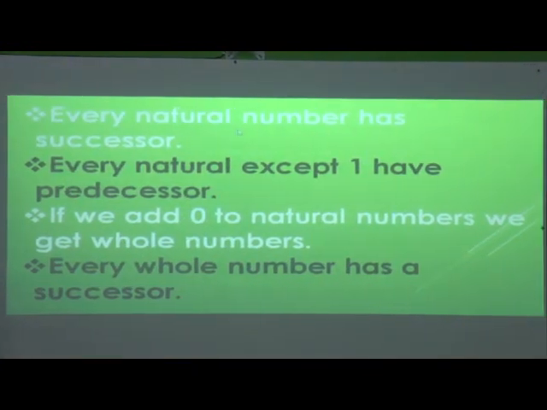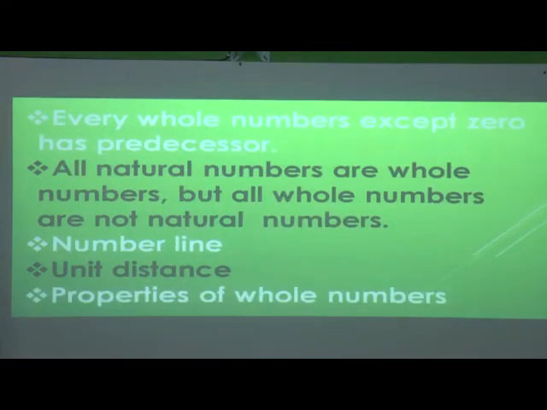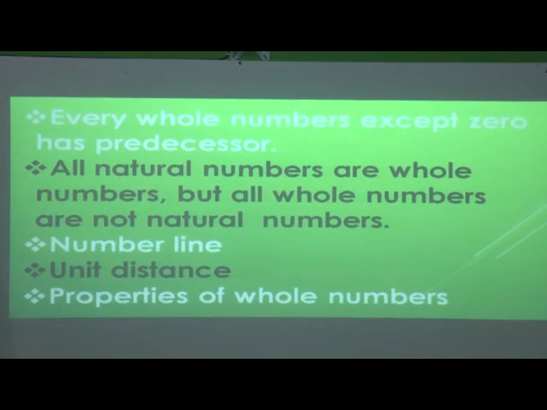Every natural number has a successor. Every natural number except 1 has a predecessor. If we add 0 to the natural numbers, we get the whole numbers. Every whole number except 0 has a predecessor. All natural numbers are whole numbers, but all whole numbers are not natural numbers.